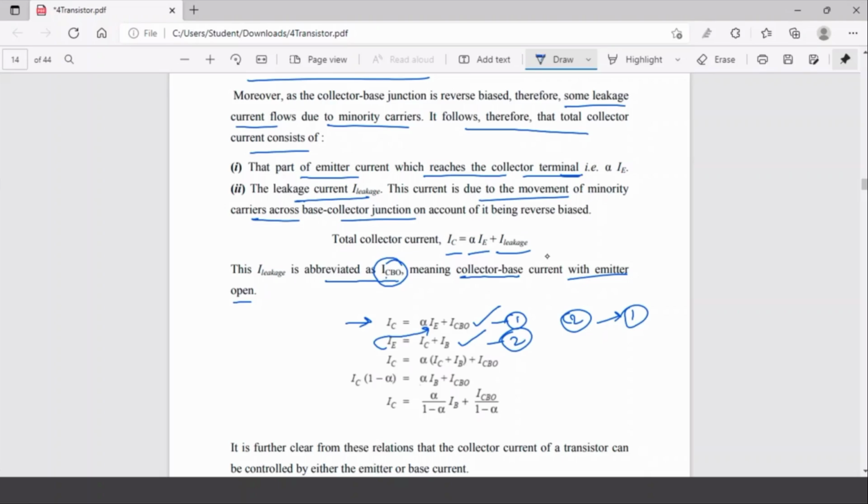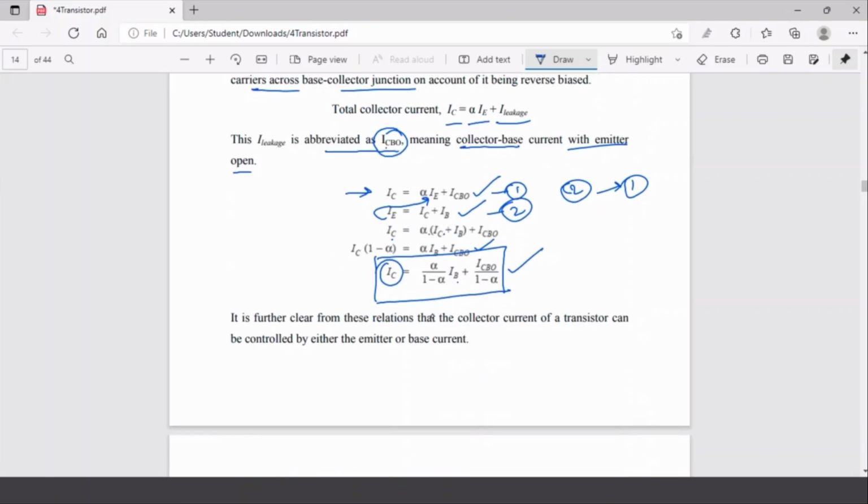If we take the IC terms on one side, the right hand side is alpha IB plus ICBO, and IC is found by dividing everything by 1 minus alpha. So you get IC as alpha by 1 minus alpha into IB, plus ICBO divided by 1 minus alpha. I hope this expression is clear to everyone. This is just KCL applied along with the amplification value.